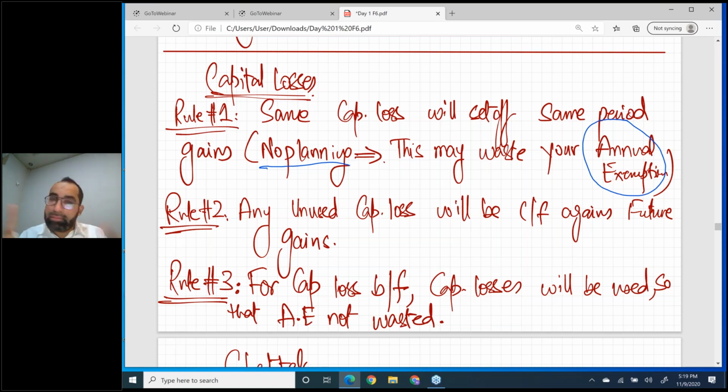Current year capital loss, no, it's no planning, it just sets off your gain. But brought forward capital loss, you have to do planning, and you must use your capital loss up to the extent that your annual exemptions are not wasted. So be careful.